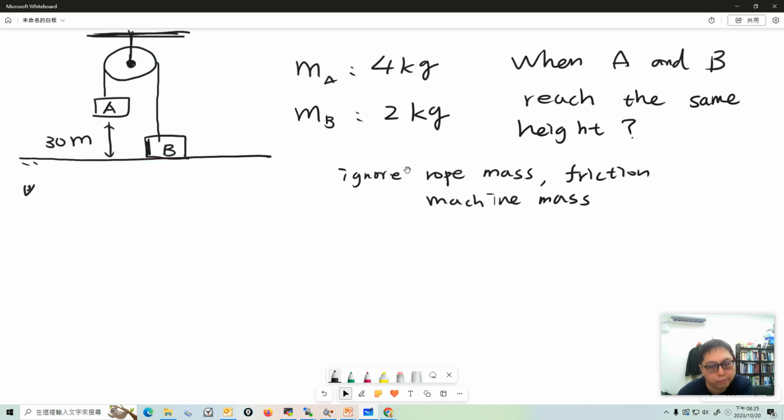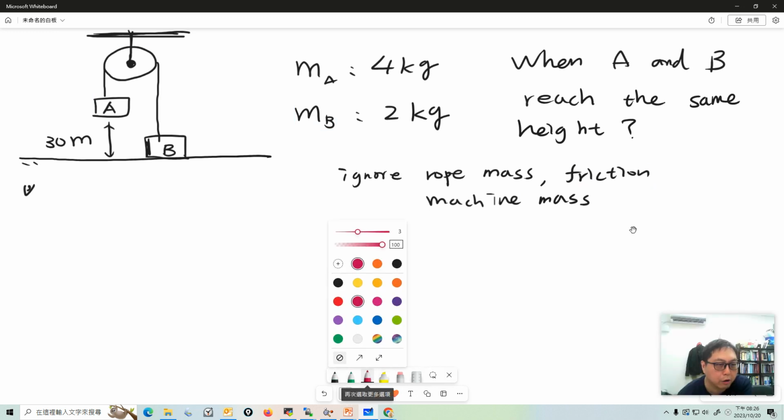Sometimes that is a reasonable assumption, because the masses of A and B may be much larger than the mass of the rope. We also ignore the friction between the machine and the rope. That's not that realistic, but we just assume it. We also ignore the mass of the Atwood machine.